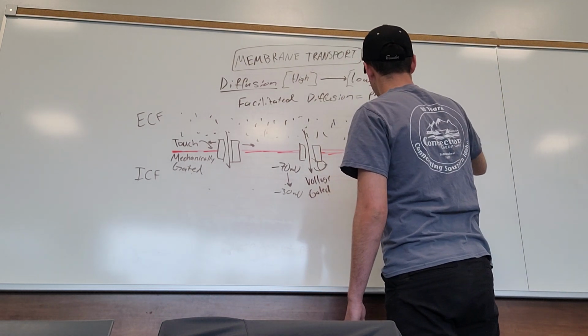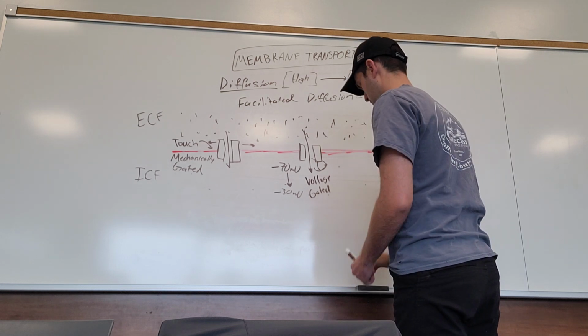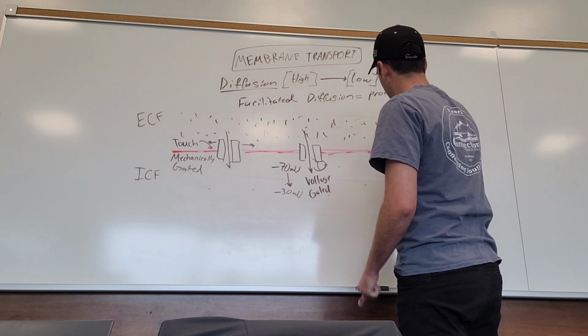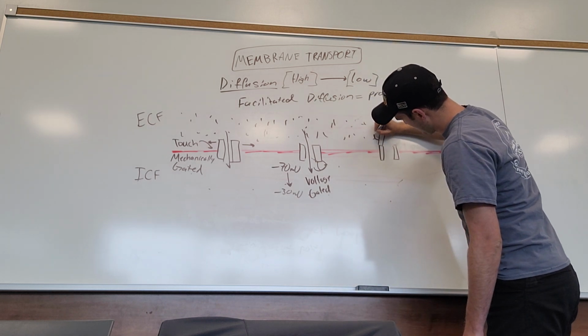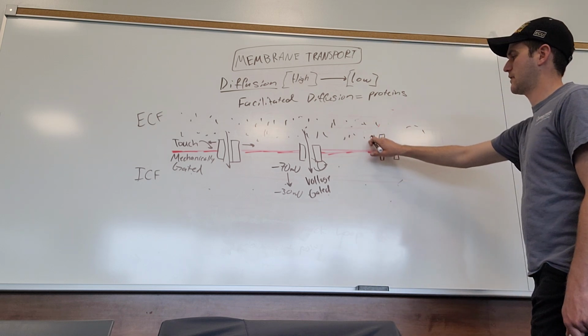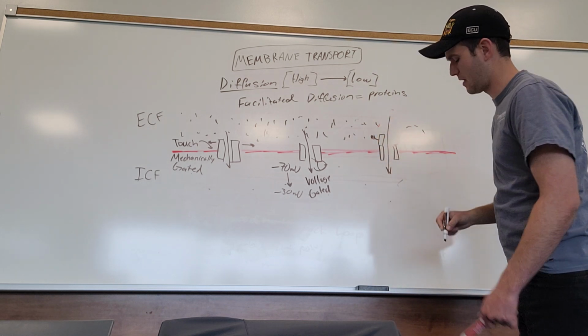So let's kind of erase this a little bit. So now our gate is opened, and here we'll have our receptor with our ligand bound to it. Because that ligand, that chemical, bound to the receptor, now our solutes are able to diffuse through the membrane. Okay.